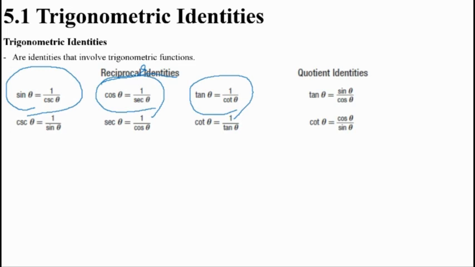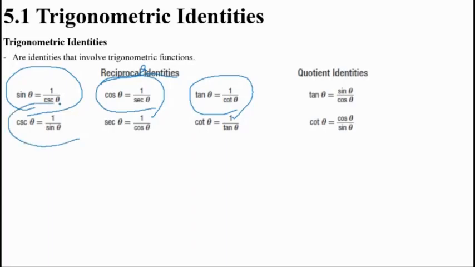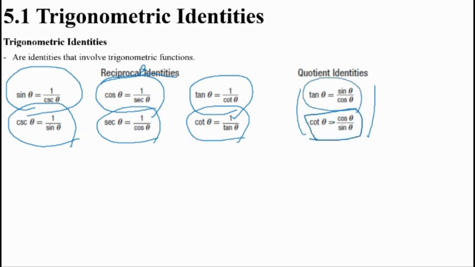And cosecant will be 1 over sine, secant 1 over cosine, cotangent will be 1 over tangent. Also quotient identity: the tangent will be sine over cosine, and cotangent upside down, so cosine over sine. Nothing new, right? We already did it before.